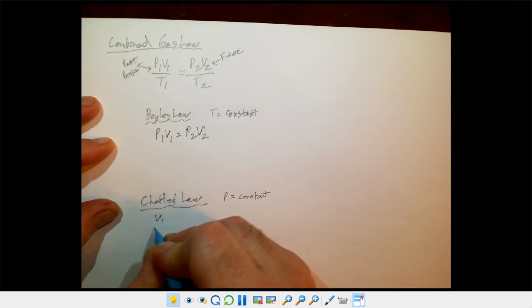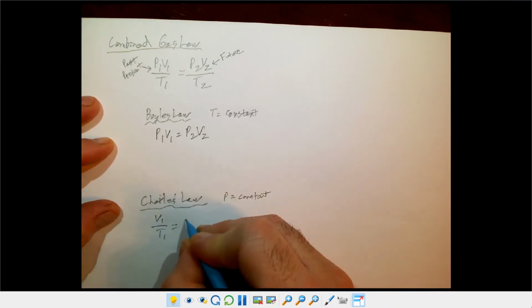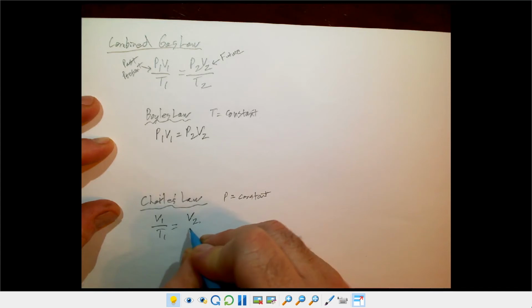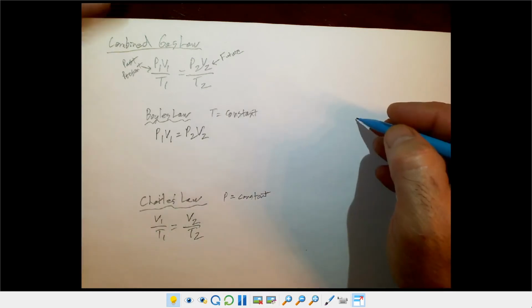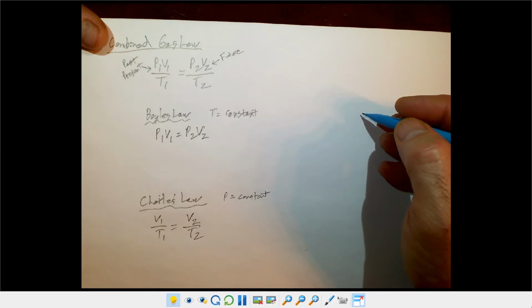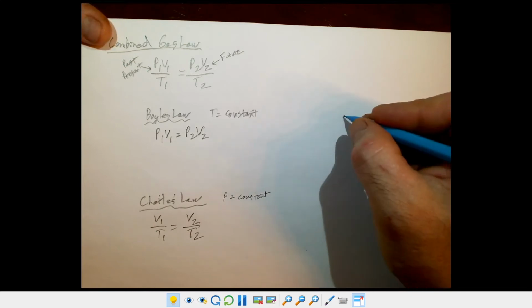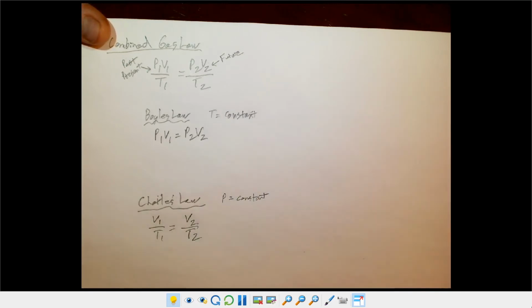So you'll have V1 over T1 equals V2 over T2. All right, so let's go ahead and go through some problems using either one of those. So let's say for Boyle's law, let's say that you have a balloon.